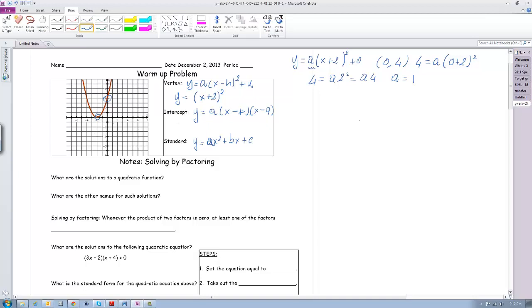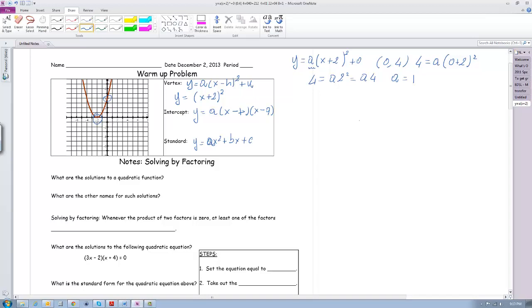x-intercepts. Now, this parabola is a little bit tricky because it's touching the x-axis only once, or at least that's what we think we see from the graph. But in reality, as you know, this is a quadratic and we always have two solutions. You can imagine that this is touching this point twice.